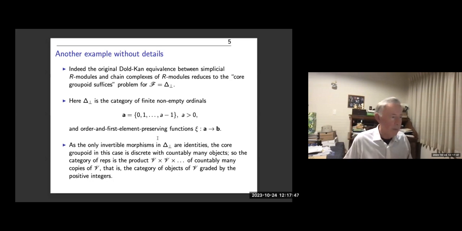I've described that there, in the dot point 2. But the groupoid here is not very interesting because it's discrete. The only invertible morphisms in this delta are identities. So the core groupoid in this case is just a countable product of copies of your category of modules. V is my category of modules, R modules. Okay, so any questions there?